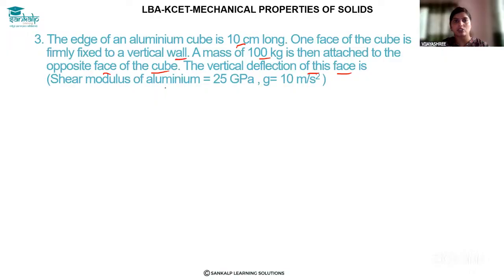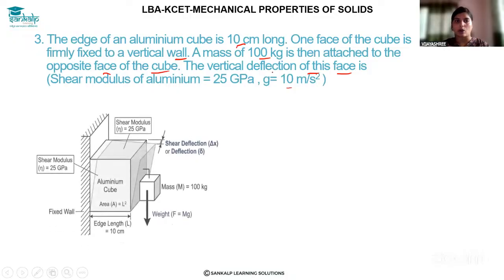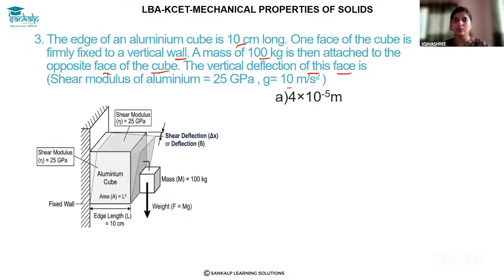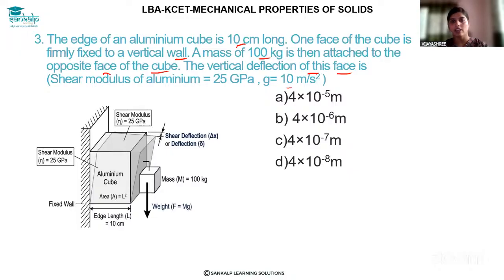The shear modulus of aluminium is 25 GPa and acceleration due to gravity is 10 meter per second square. Options: A, 4 into 10 to the power minus 5 meter; B, 4 into 10 to the power minus 6 meter; C, 4 into 10 to the power minus 7 meter; D, 4 into 10 to the power minus 8 meter.